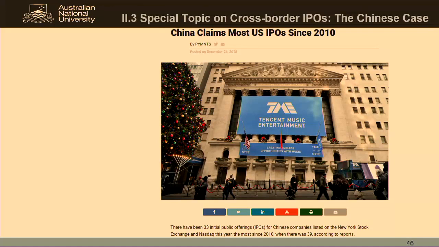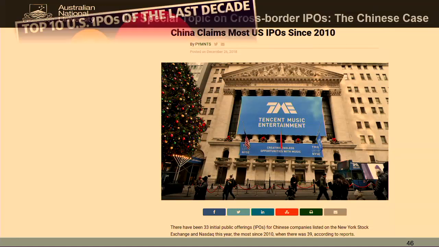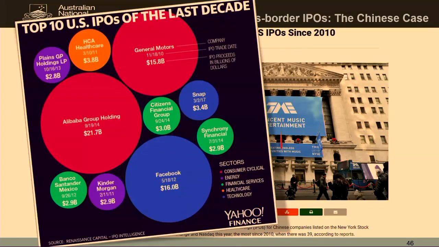With Tencent, with Alibaba, and most recently with Luckin Coffee, they are all companies that are headquartered in China, operating in China, but they did not have a listing in China, and went directly for the NYSE or NASDAQ, right? So these are the companies that have done that.